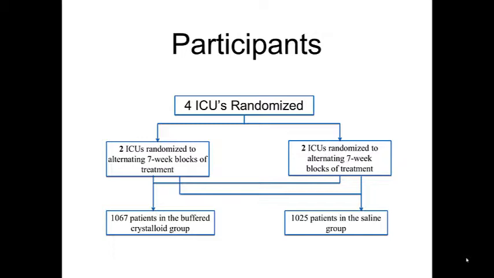So they used 2 crossovers, and they were treated for each 7 weeks for a total of 28 weeks, using alternating fluid, 1 week with saline, 1 week with buffered fluid. By the end of the 2 crossovers and the analysis, there were 1067 patients in the buffered crystalloid group, and 1025 patients in the saline group. So in both groups we have a sample size of more than 1,000.